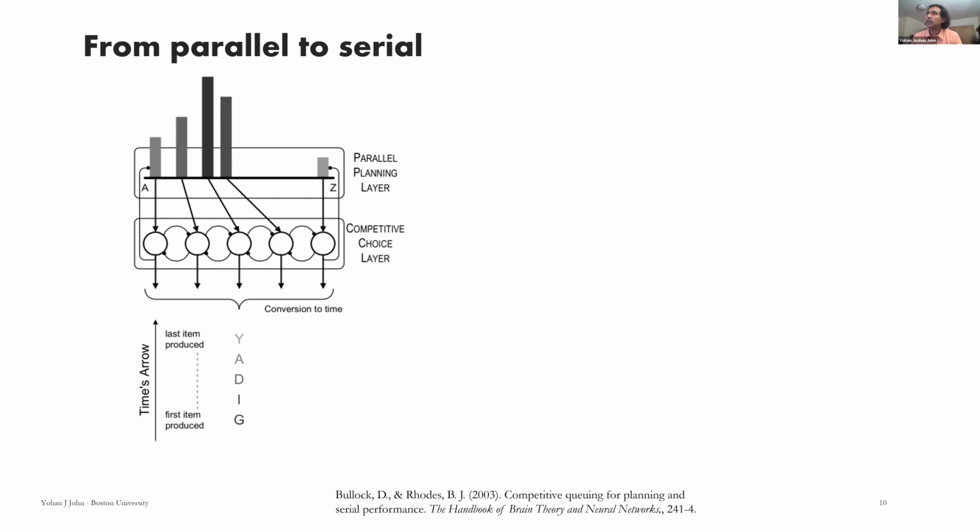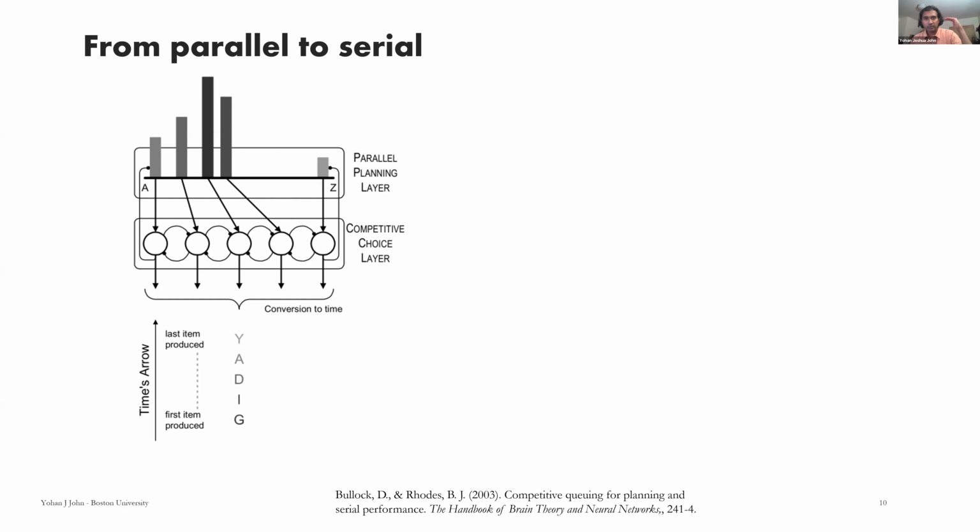Once you have the idea of competition, what does that mean? You're basically saying that order is represented in a kind of parallel ranking. They call it a primacy gradient.